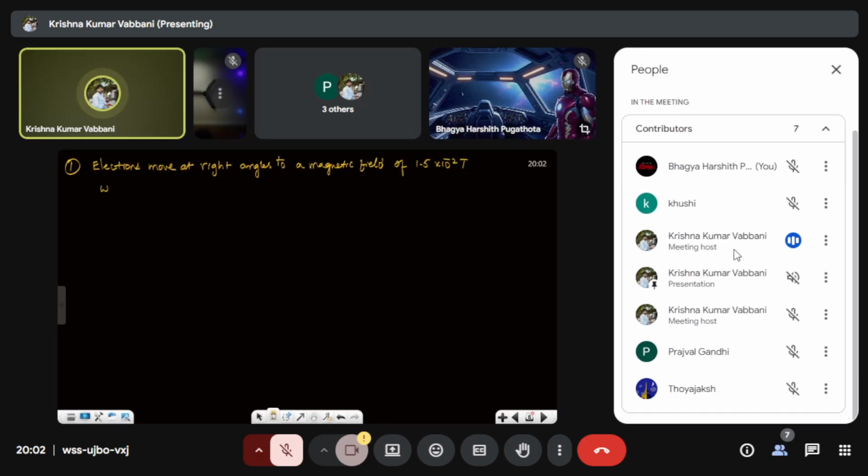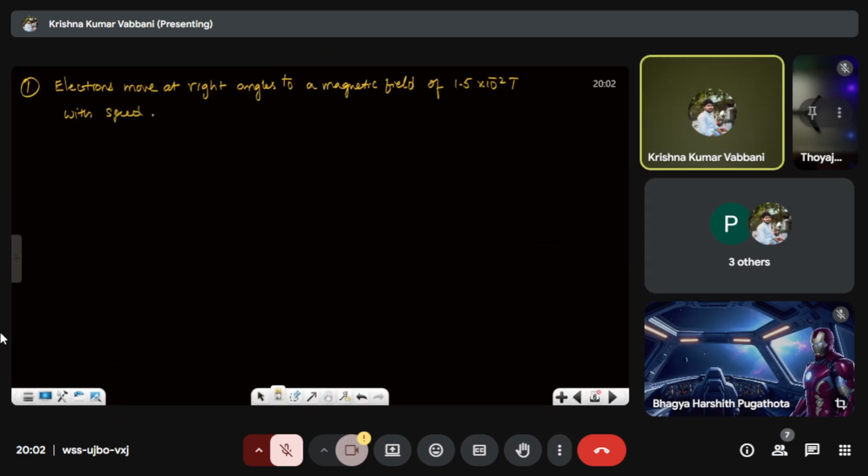So you also try this problem. And the velocity of the particle is given as 6 into 10 power 27 meter per second.